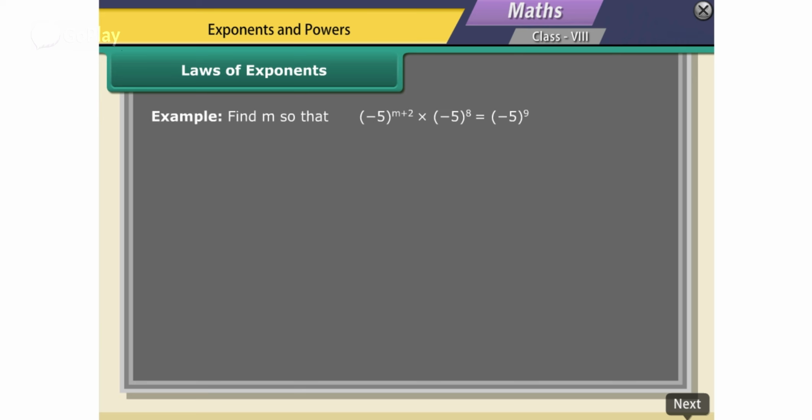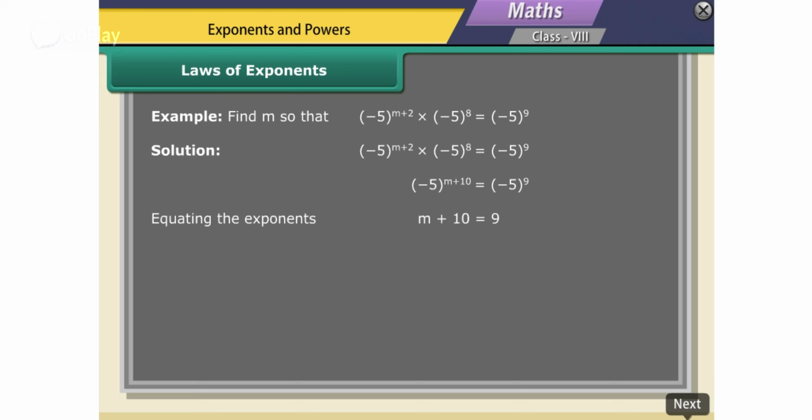Example. Find m so that (-5)^(m+2) into (-5)^8 is equal to (-5)^9. Solution. (-5)^(m+2) into (-5)^8 is equal to (-5)^9. (-5)^(m+10) is equal to (-5)^9.